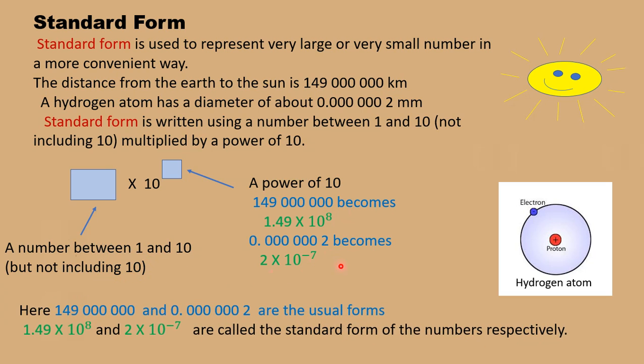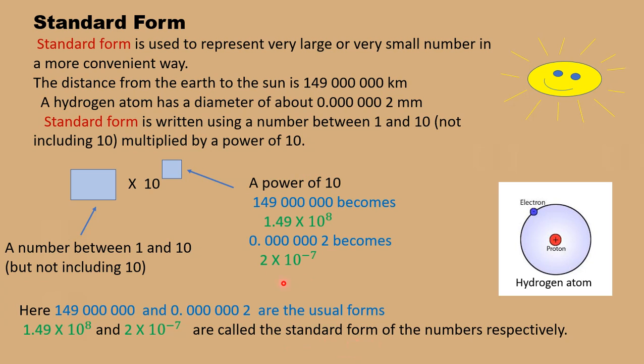So here in both the examples we have these two numbers where one is very large and one is very small. This notation is known as the usual form, whereas 1.49 into 10 raised to the power 8 and 2 into 10 raised to the power minus 7 are called the standard form of the numbers respectively.